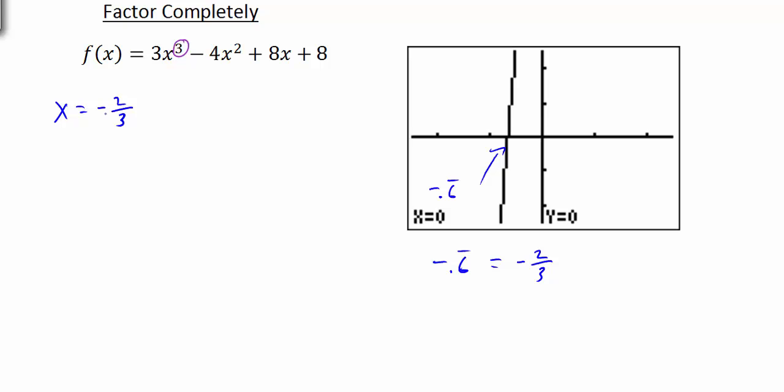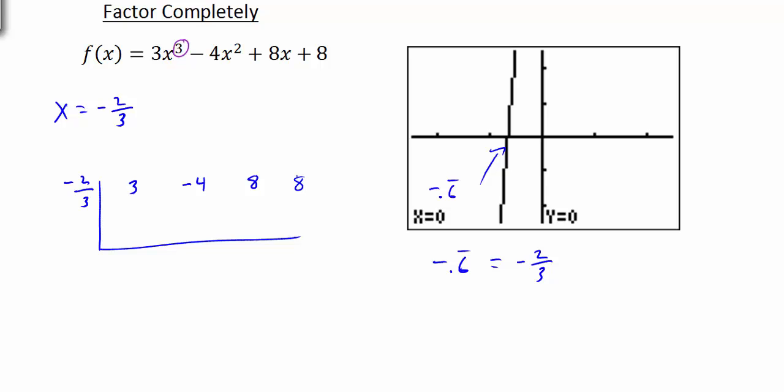Now, if that is one of our zeros, how do we find the others? Well, from this point, we could use our synthetic division. So that means we're going to take our negative 2/3 and then we would bring down the coefficients. We have a 3, a negative 4, positive 8, and another positive 8.